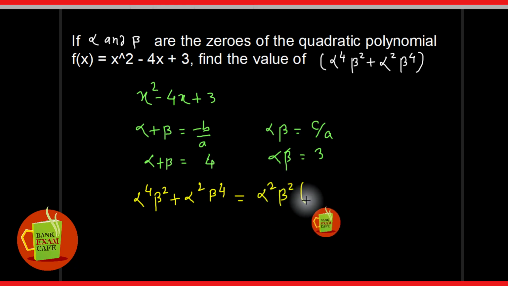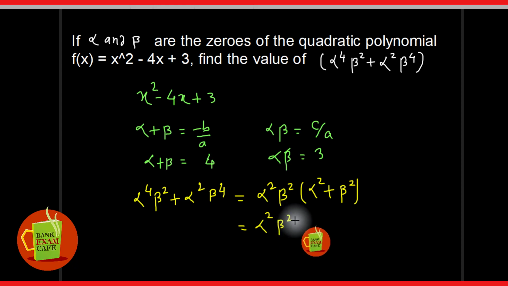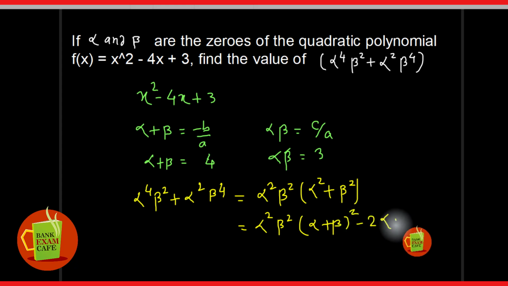Inside the bracket it will be alpha² + beta². So it is alpha² beta² into (alpha² + beta²), which we can write as (alpha + beta)² - 2 alpha beta.